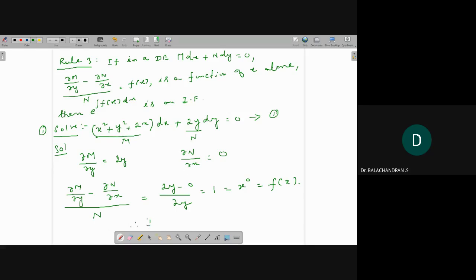Then the integrating factor is e power integral f(x) dx. Therefore, the integrating factor is e power integral of f(x), f(x) is 1, dx. So this is e power x. Now I'm going to multiply e power x throughout equation 1.